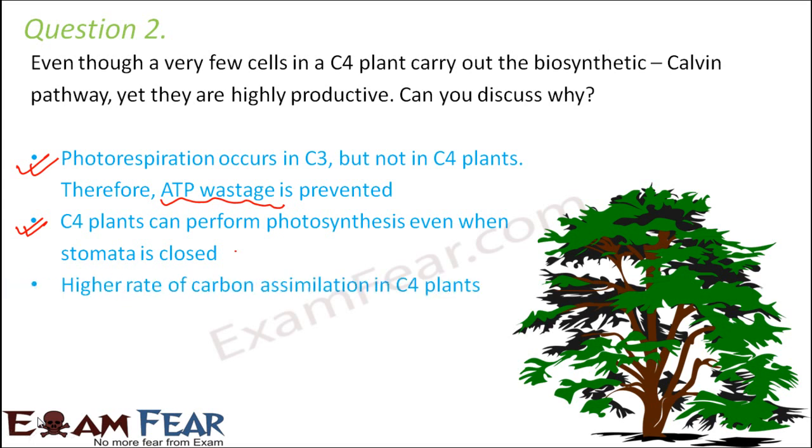Higher rate of carbon assimilation in C4 plants, that means it can assimilate more and more carbon. That is because in C4 plants, the carbon dioxide which enters into the Calvin cycle comes from the Hatch and Slack pathway. So it can assimilate more and more carbon so that it can continue the Calvin cycle even in absence of light.